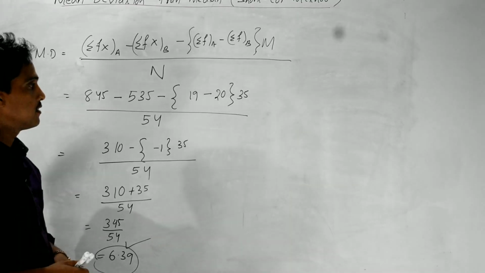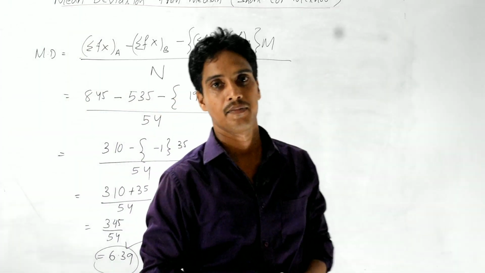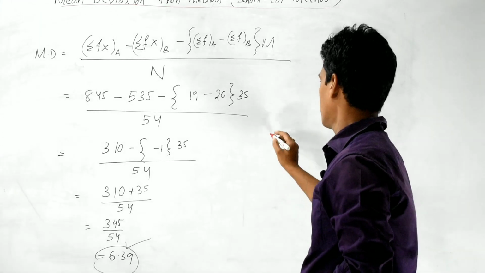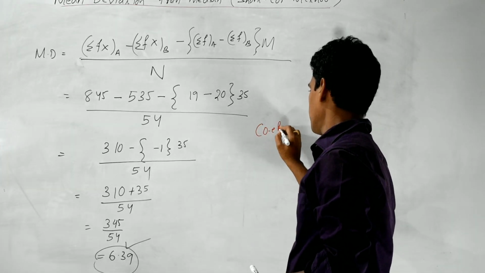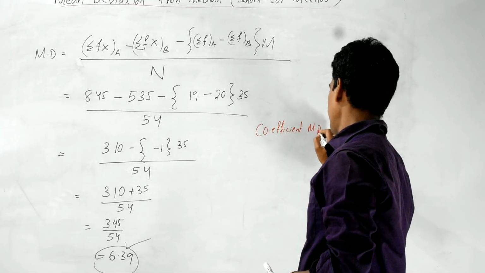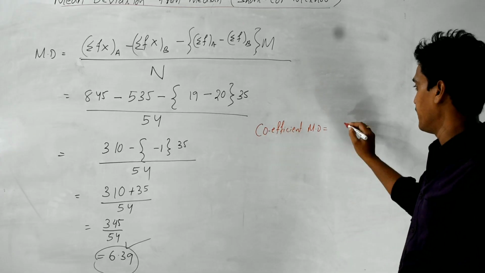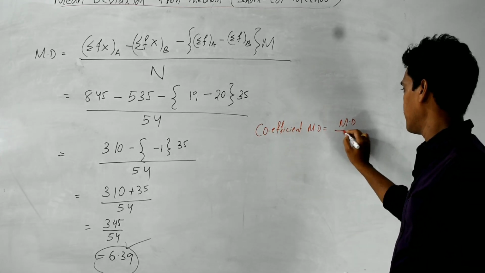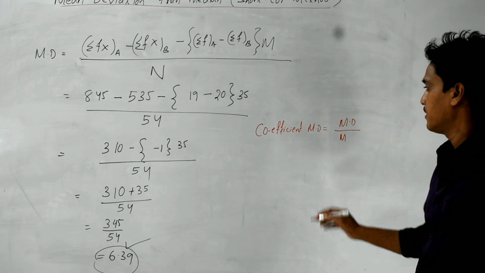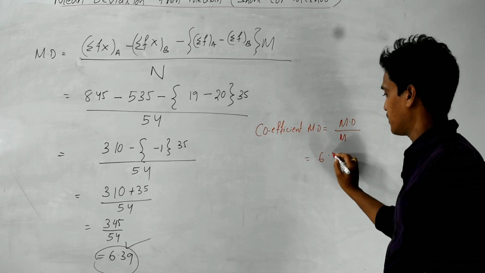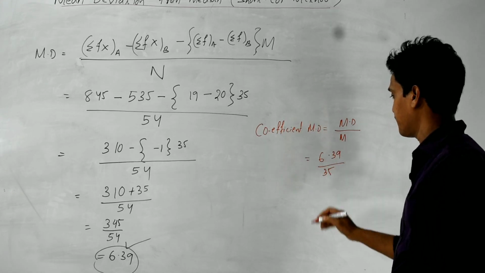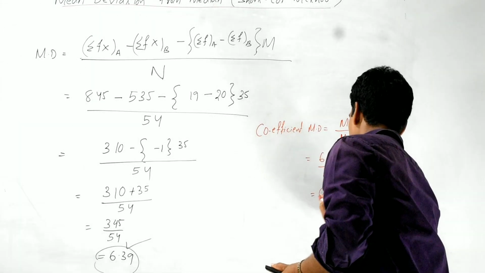Now we also can find out coefficient of mean deviation. So coefficient of mean deviation should be mean deviation divided by median, where mean deviation equals 6.39 and our median is 35, which gives 0.18.